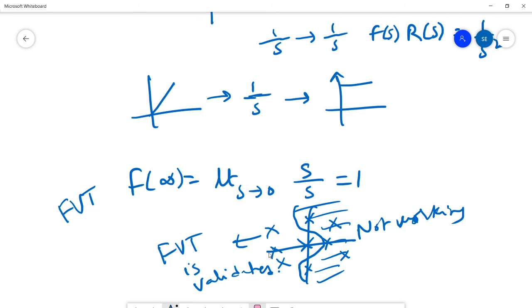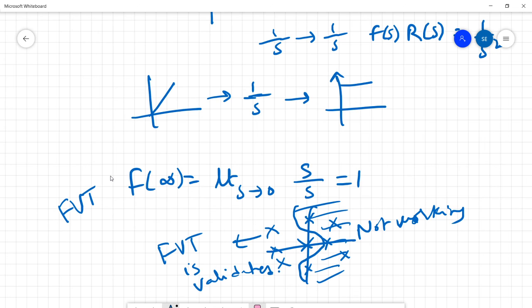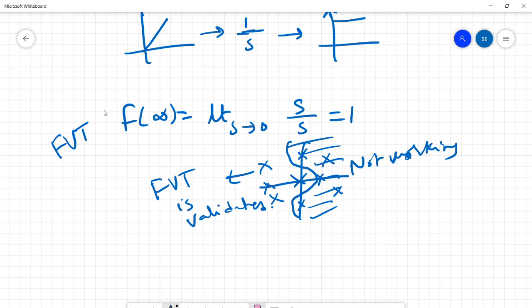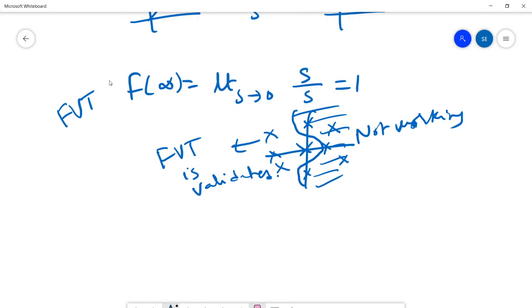So this is how, based on the pole location, the final value theorem is applicable, right? And if all the poles are in left half of S plane, then the system is type 0 system, right? Because if you have any system like s power 0, s minus 1, s minus 2, so s power 0 means 1.